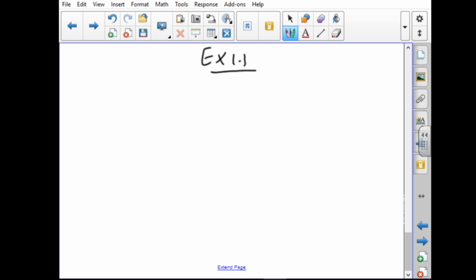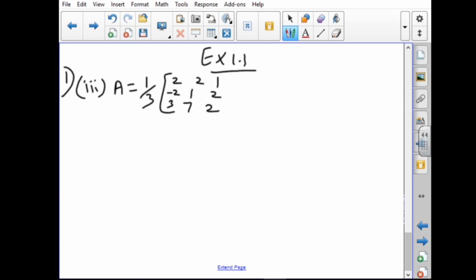Exercise 1.1, first question, we will do the third subdivision. Let A be equal to 1 by 3 into the matrix [2, 2, 1; minus 2, 1, 2; 3, 7, 2].